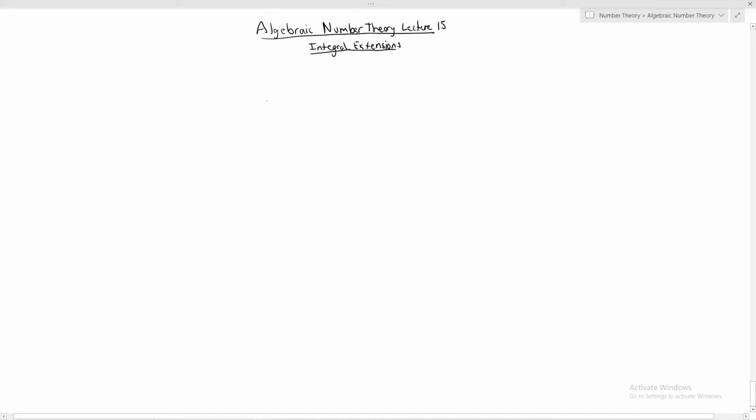Okay, so let me give you an overview of what the goals are in this lecture. The first thing I want to talk about are different ways you can describe extensions of rings, but more specifically integral domains. So ring extensions, definitions.